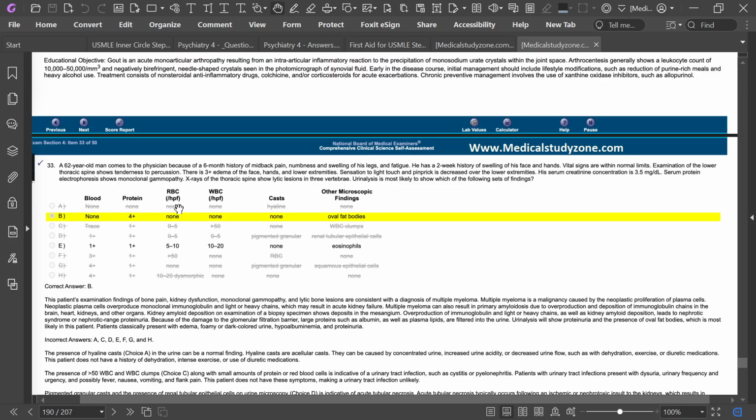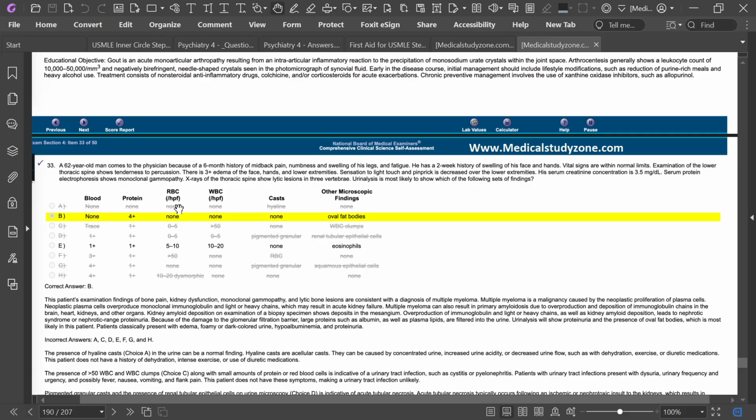An oval fat body, where is it found? I have never seen oval fat bodies. Remember we read something about the different casts? No, it's not the cast. Okay, I don't know. I really don't know that one.